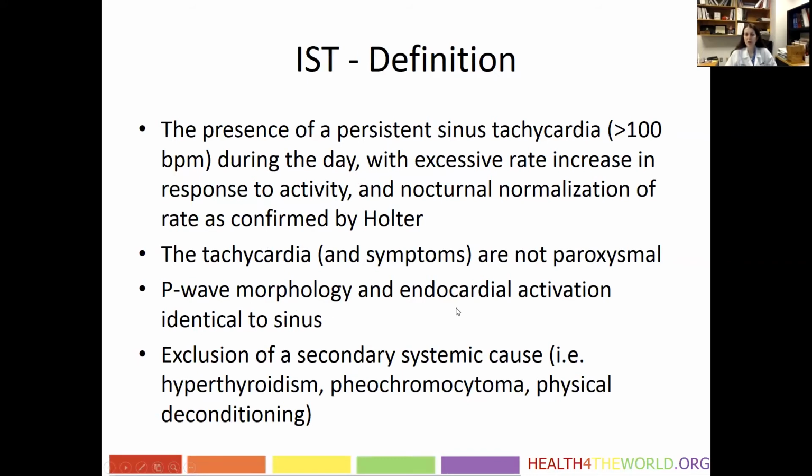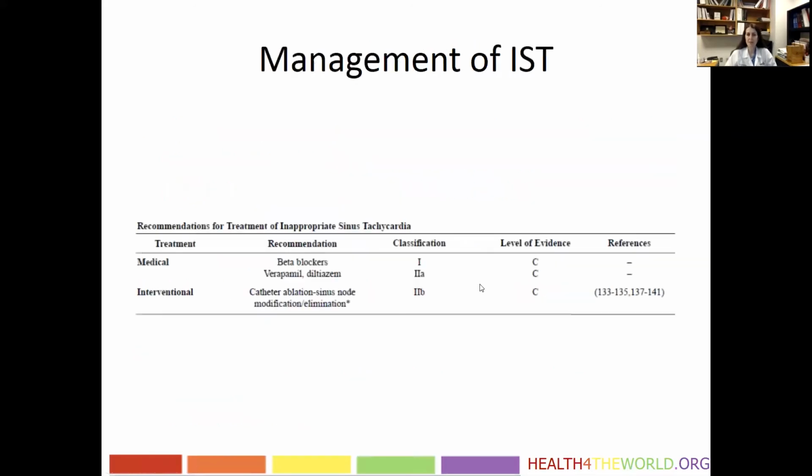The P wave morphology and the endocardial activation is identical to the sinus, and exclusion of secondary systemic cause, for example a patient who is hyperthyroid and has tachycardia because of that, cannot be considered as having inappropriate sinus tachycardia.